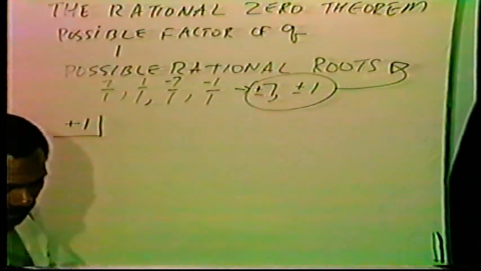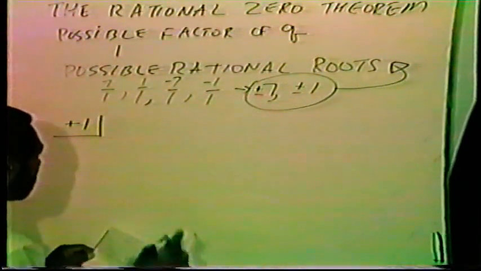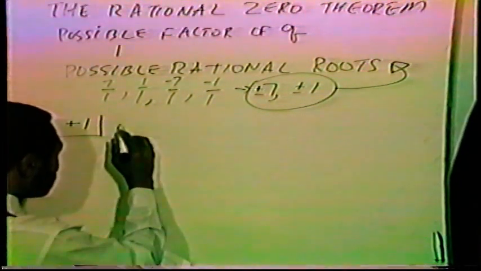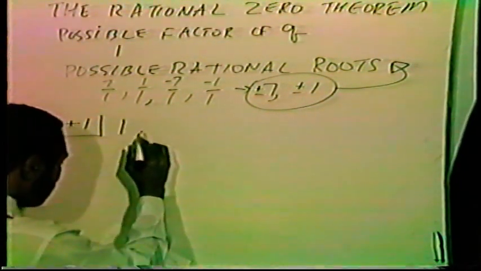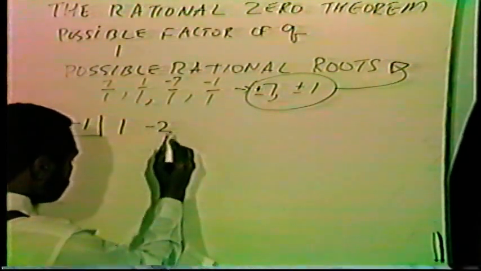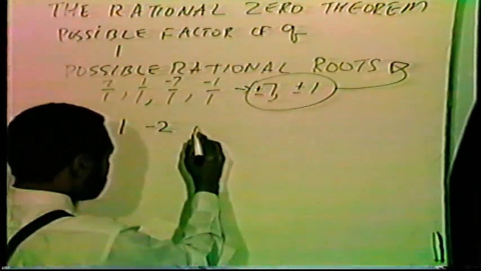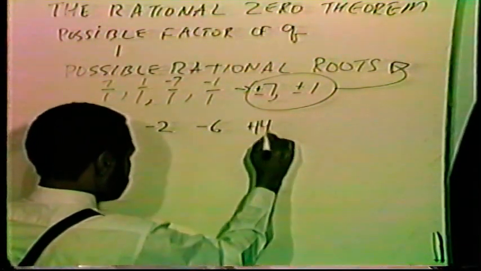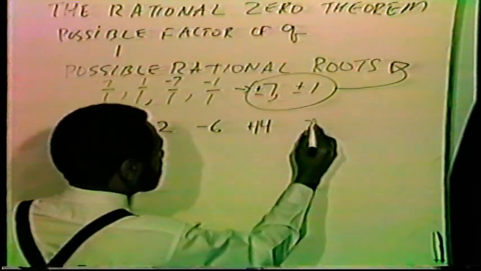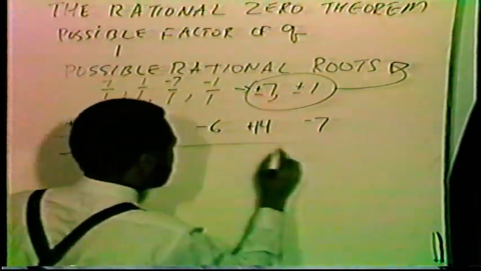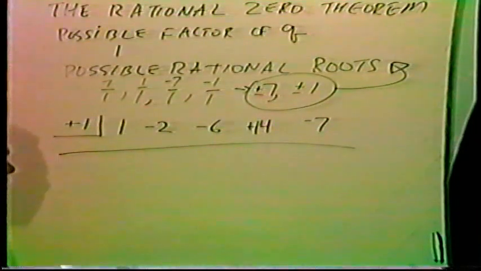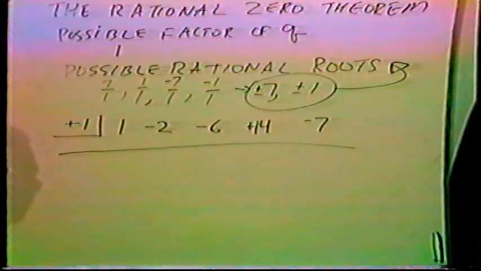And for the synthetic dividend, we just write the coefficients of the original polynomial. We had 1x to the 4th, 2x cubed, then minus 6, plus positive 14, and then a negative 7. And that's how we set up the synthetic division problem. We just write the coefficients of the polynomial equation.